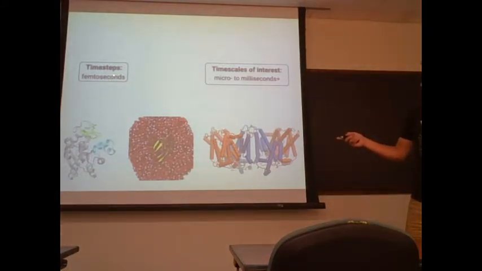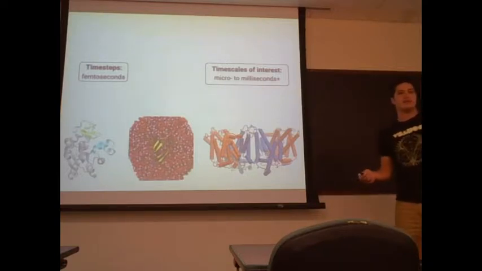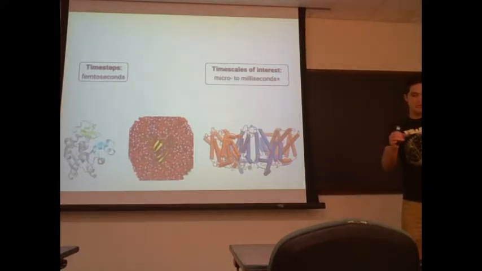I can get into the reasons why that is later, but the short answer is when you have bonds between atoms, in order to model their oscillations in a stable way, you have to take time steps that are sufficiently small that it can capture the oscillations without the system blowing up.